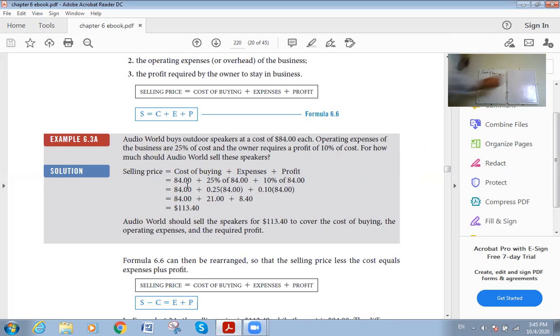Then we also have expenses, which equal 25% of costs. And we also have profits, 10% of costs.